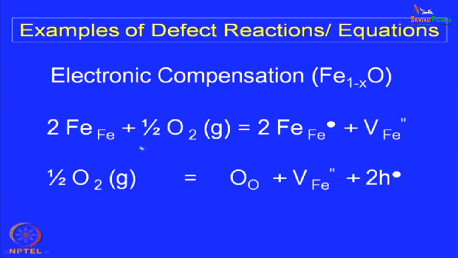That is the equation we can write, that is Fe goes to the Fe site, half oxygen is added to the system, and then you have an oxygen lattice site, an iron vacancy, a doubly charged iron vacancy, and a singly positive charge iron ion, which means the Fe2+ has changed over to Fe3+.